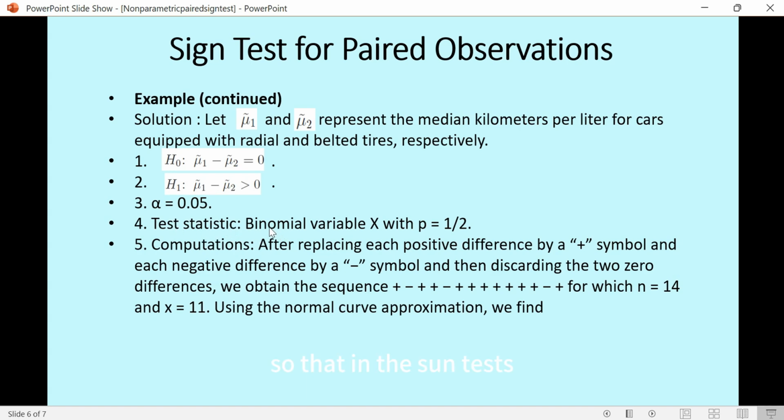In the sign test, if the null hypothesis is true, the data on both sides of the median will be 50% and 50%, which means the data come from a binomial variable X, where X is the number of positive values.